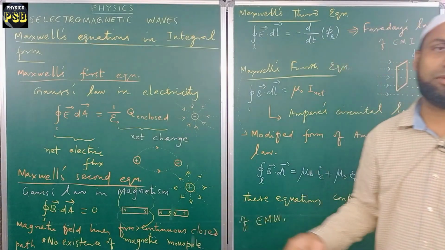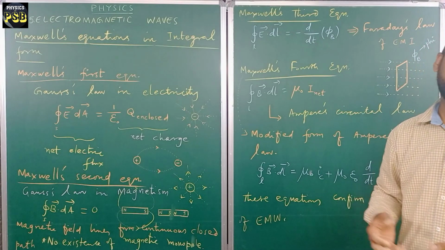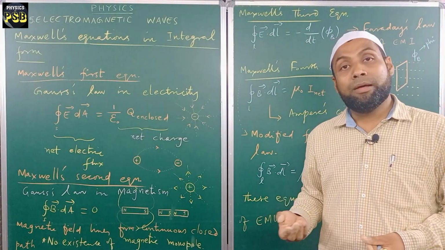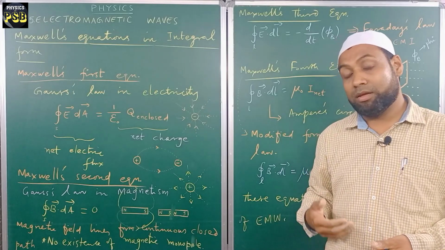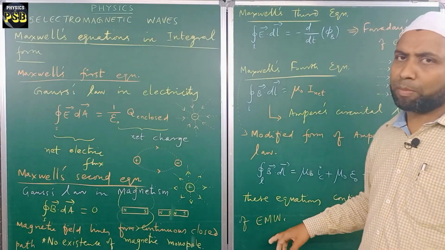Now, in the last class we studied about electromagnetic waves: radio waves, microwaves, infrared rays, visible light, ultraviolet rays, X-rays, gamma rays. All these come under electromagnetic waves.